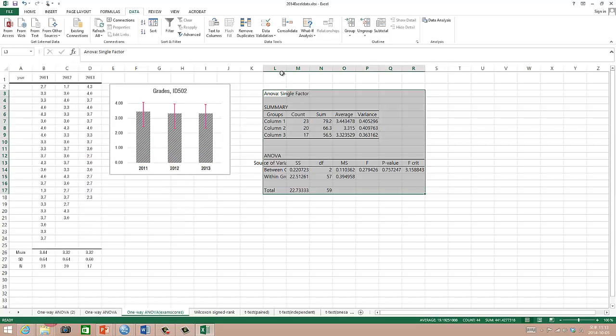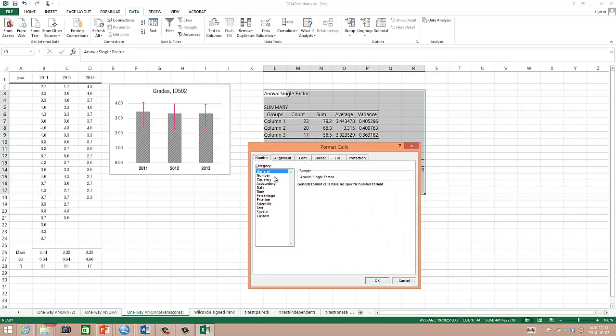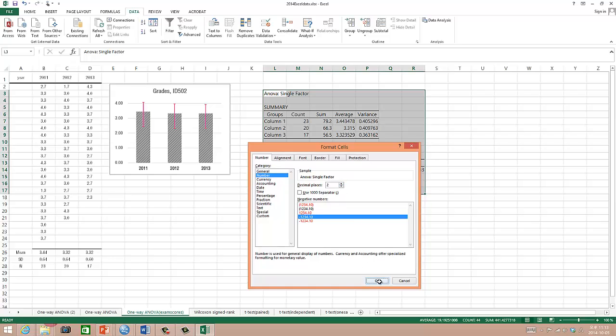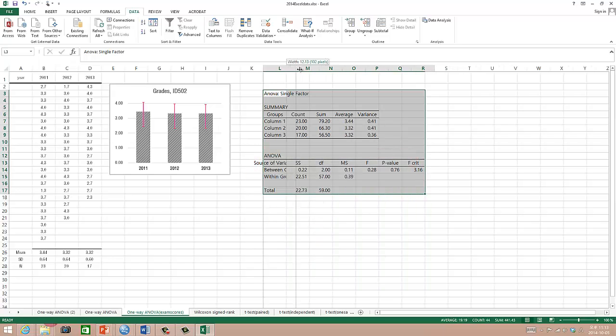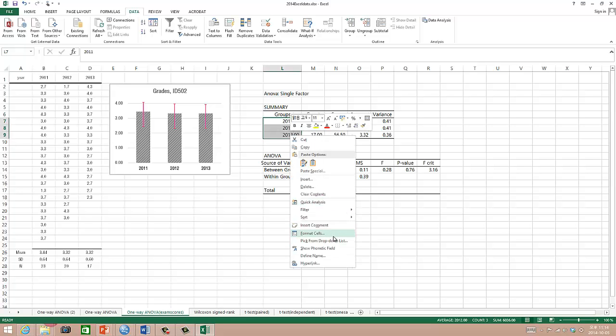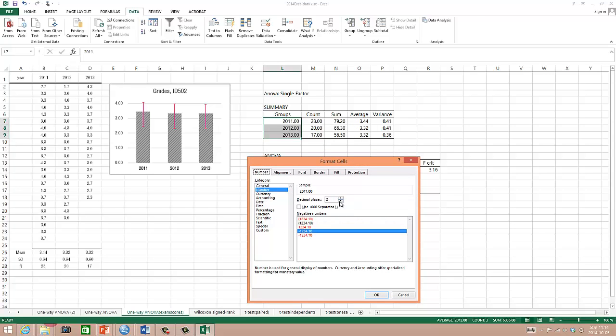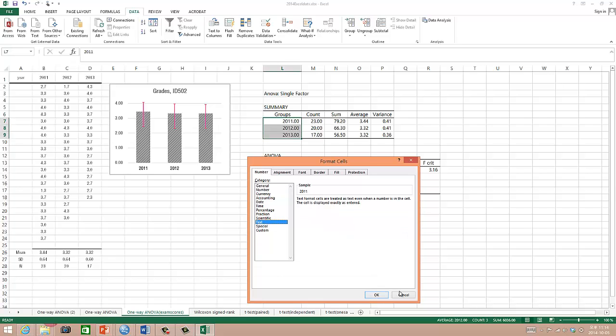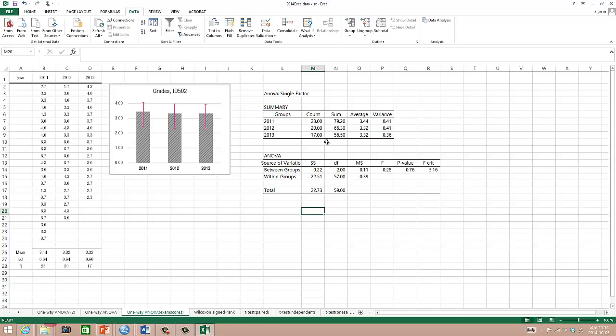All right, let's reduce the decimal points. Usually I do it with number 2. So columns 1, 2, 3 indicate 2011 to 2013.